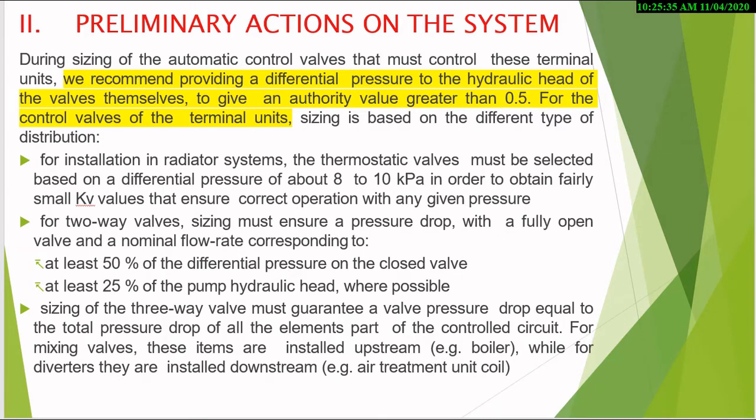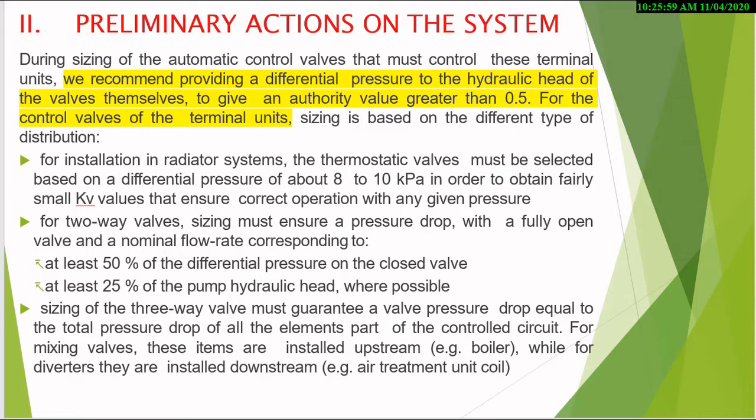During sizing of the automatic control valves that must control these terminal units, it is recommended to provide a differential pressure to the hydraulic head of the valves themselves to give an authority value greater than 0.5, for the control valves of the terminal units.